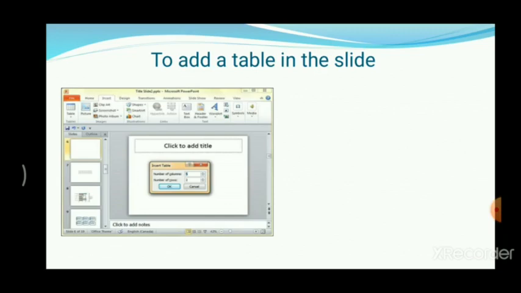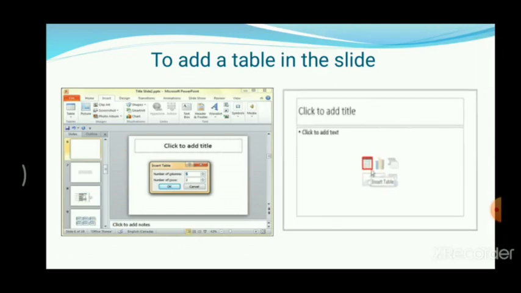The table will be inserted on your slide. Like this. Students, after inserting the table, if you want to change the style of your table, then you will select a style for the table. Okay? And click on the OK button. Now it is clear? Good.